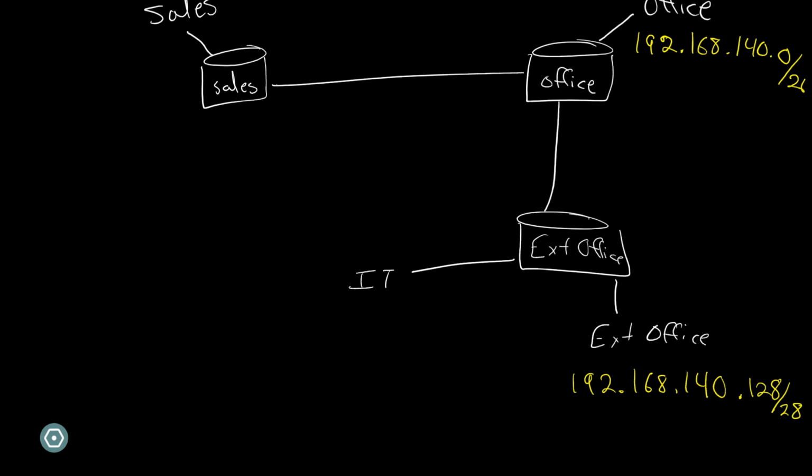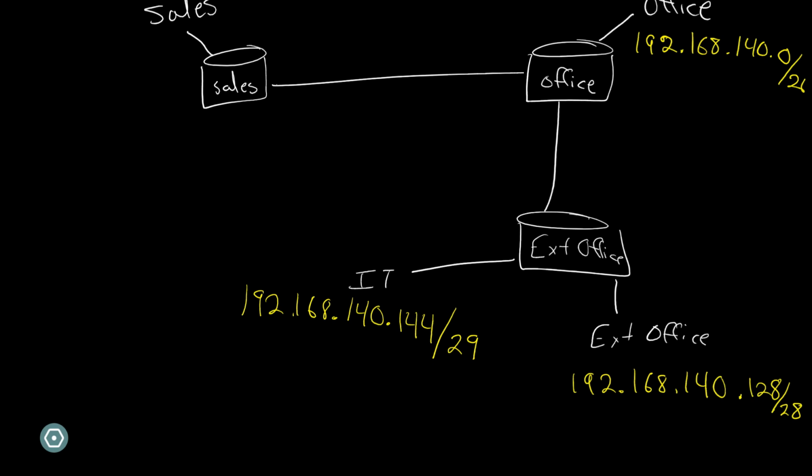The IT was one of the last of the big networks that we calculated. It was 192.168.140.144 in a /29 network. Okay, and then we calculated the networks that were in between the routers.